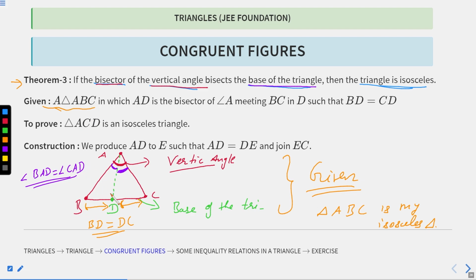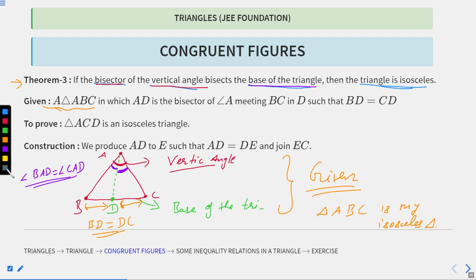Now we have to prove that this red triangle is isosceles. In order to prove an isosceles triangle, what we need is that the lengths of any two sides must be equal. Let's see how we will do that.